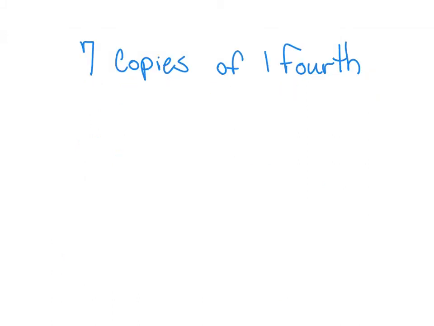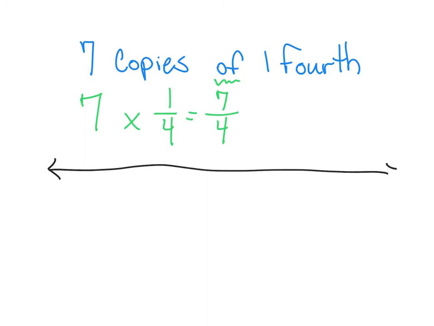All right, let's continue. 7 copies of 1/4 now. So what does that look like as a multiplication problem? Remember, the word of means multiplication. So 7 copies of 1/4 is equal to 7/4. And now I'm going to create that number line, because we have to represent it on a number line.